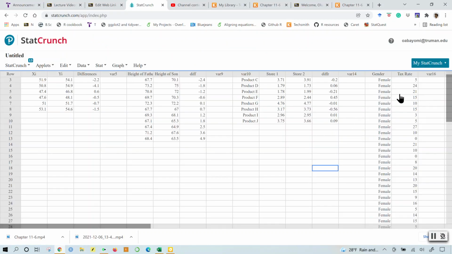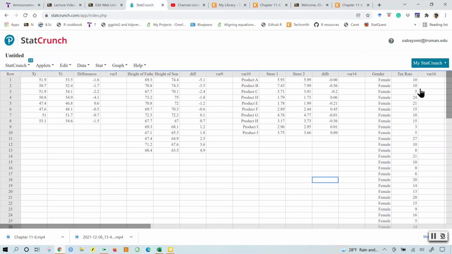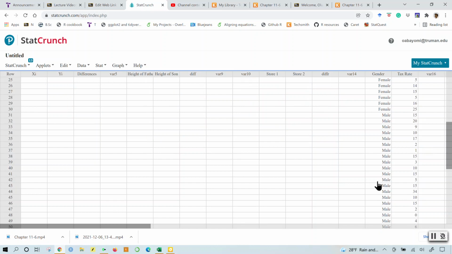I believe in MyStatLab, you might find that the data sets are provided in two columns. What I did was to take the last two columns, cut it, and then paste it right under the first two columns. So I have female and I have male.